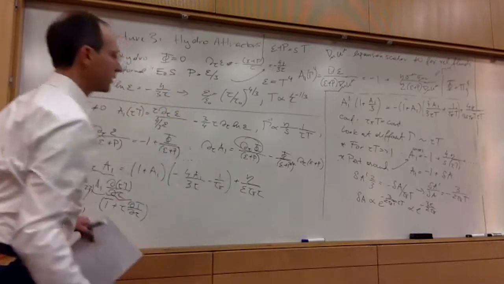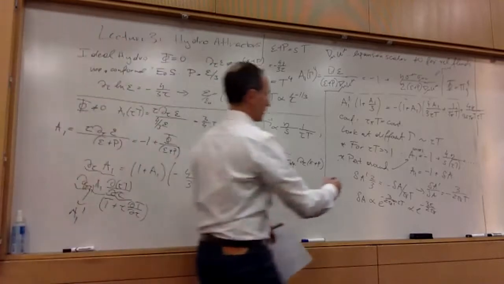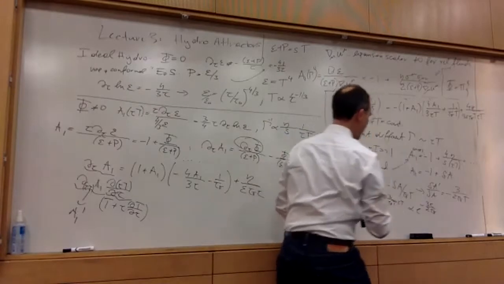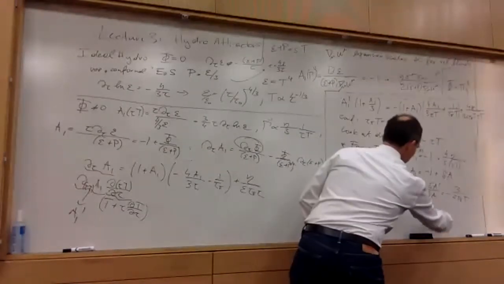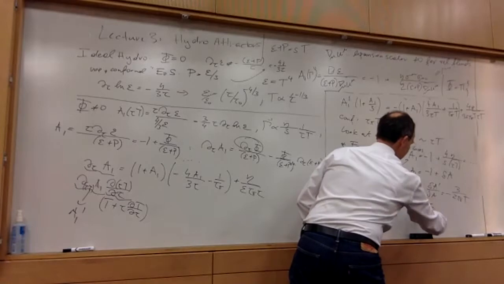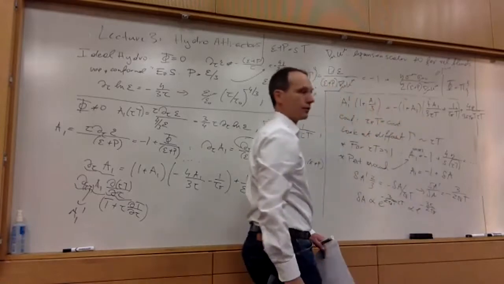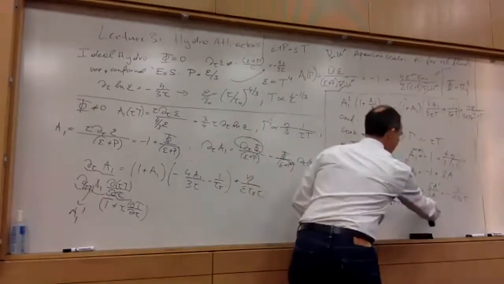Okay, so we get that perturbations around the series solutions have this particular form, which you can see is dying off exponentially with respect to tau. This is e to the minus tau times something.